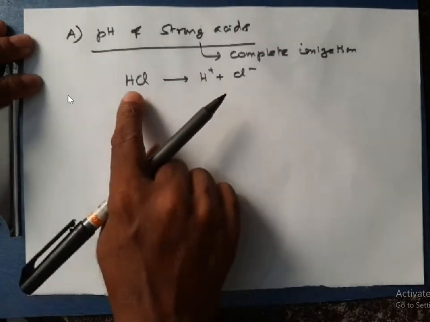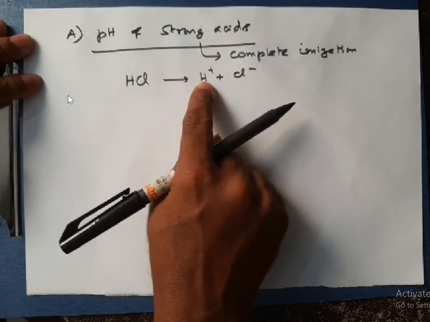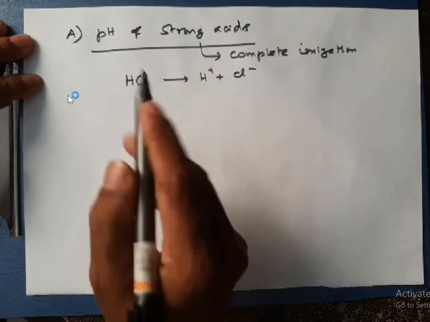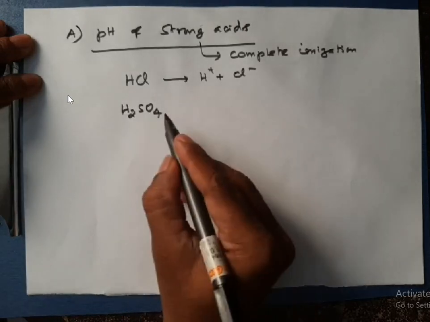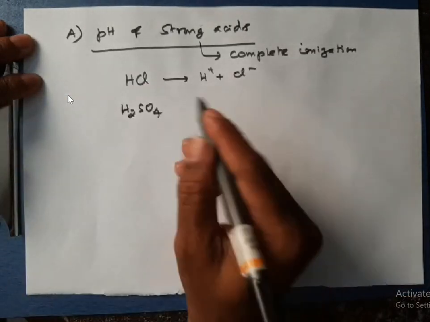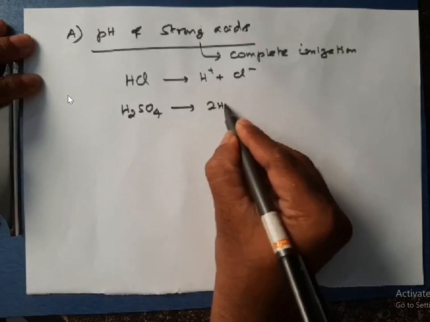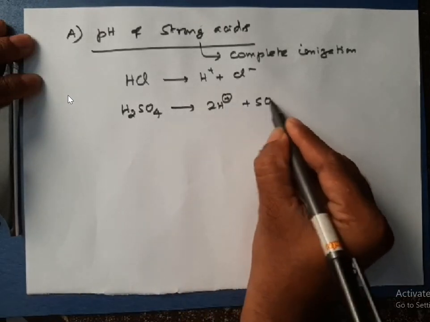So one molecule of HCl will give one H plus ion. If I take sulfuric acid, H2SO4, assuming it undergoes complete dissociation, I'll get two H plus ions and the sulfate ion.